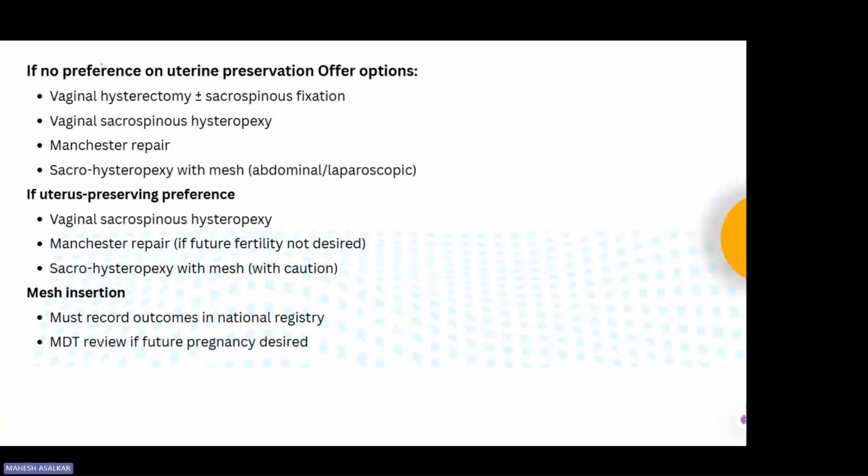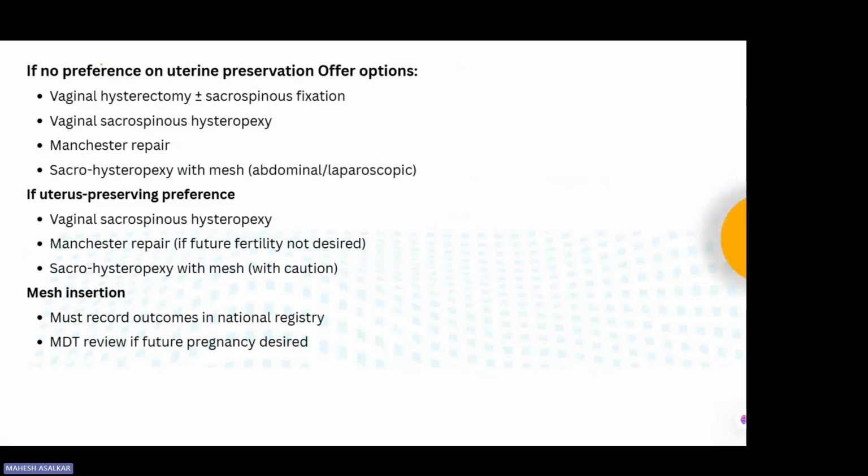Okay. Now, when we are discussing the surgical management, what is the wish or willingness of the patient, whether uterine conservation is important or not important. So if there is no preference on uterine preservation, in that particular case, you can go ahead with vaginal hysterectomy plus or minus sacrospinous fixation.